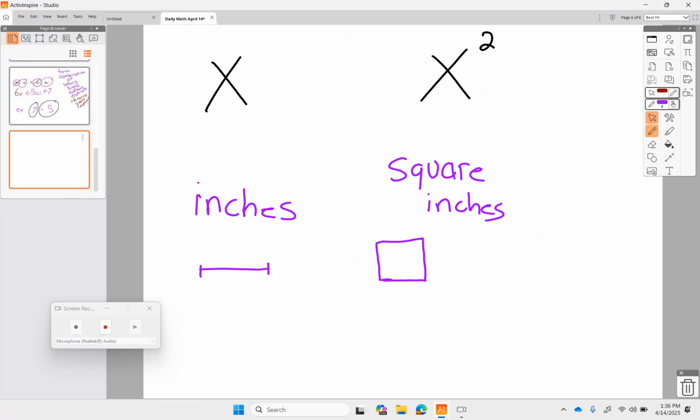If I measure how big something is three-dimensionally, I use a cubic inch. That is different than that, which is different than that. So I want to point that out. That's part of why x squared and x are not the same.